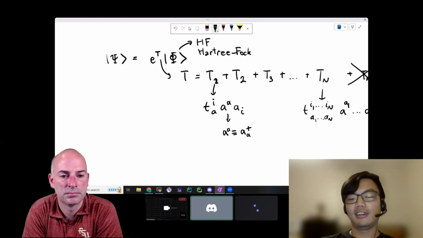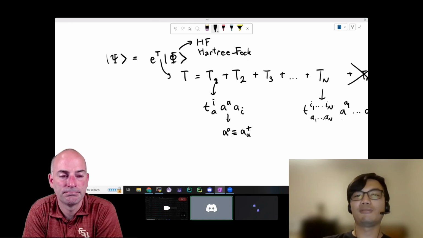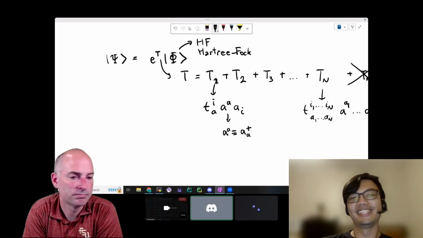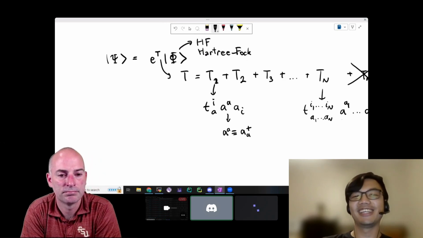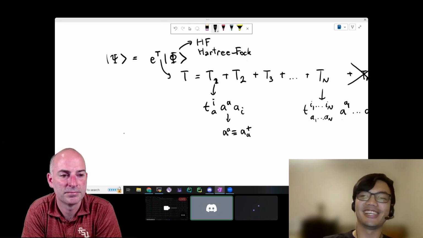It's the numerically exact solution in a given basis set. But of course that's computationally very, very expensive, and actually doing full coupled cluster is kind of dumb because you're trying to do full CI in a nonlinear way, which is a complicated way to do full CI.